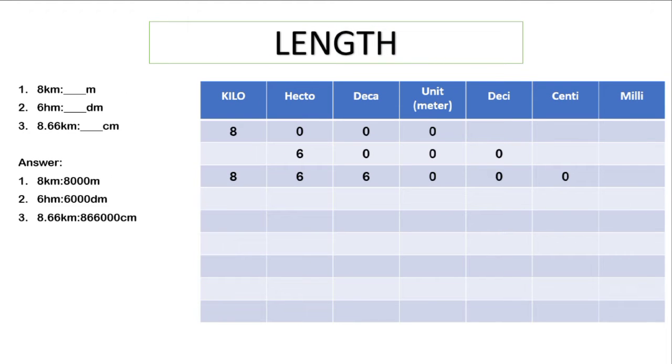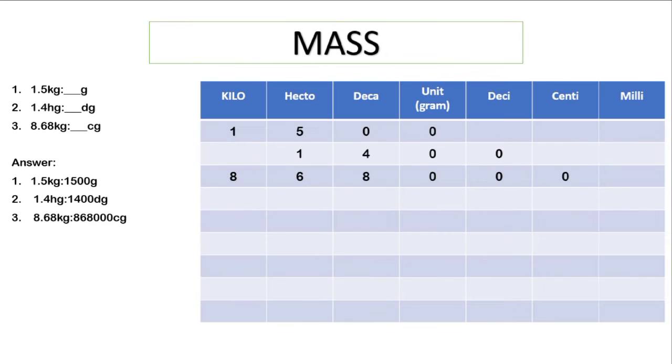Length. Number 1, 8 kilometer is equal to 8,000 meter. Number 2, 6 hectometer is equal to 6,000 decimeter. And number 3, 8.66 kilometer is equal to 866,000 centimeter. Mass.